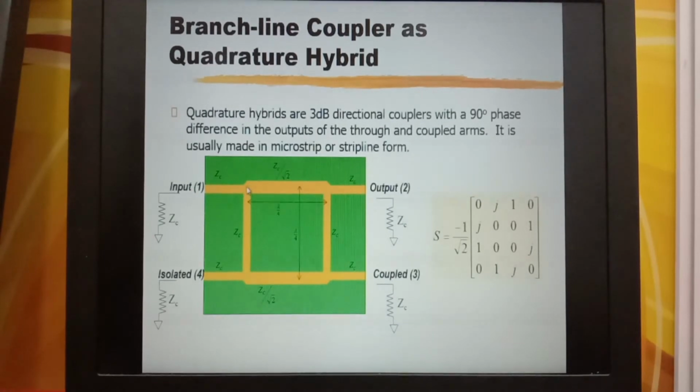It consists of 4 quarter wave lines. Between port 1 and port 2, we have a quarter wave transformer with a characteristic impedance of ZC over root 2. The same goes for the quarter wave transformer between port 3 and port 4.